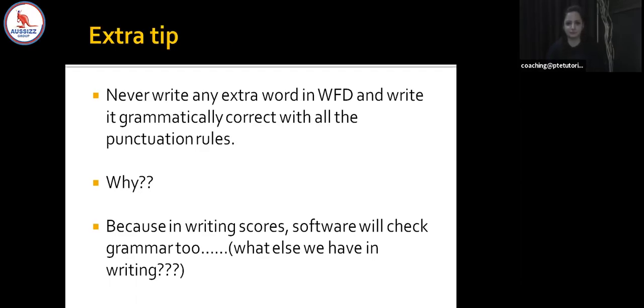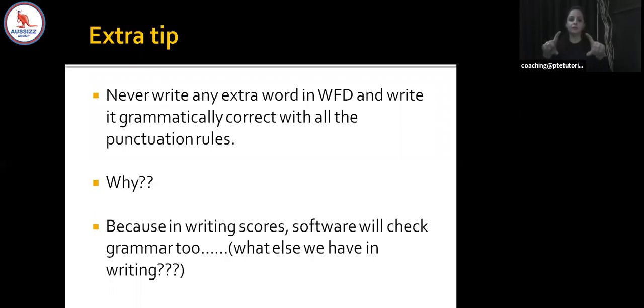Extra tip. Generally, people ask, ma'am, if we write extra words in write from dictation, will it be okay? I don't recommend this thing to do. Why?